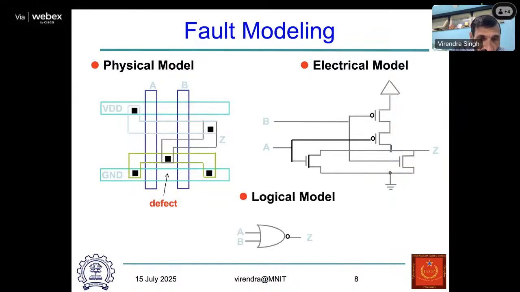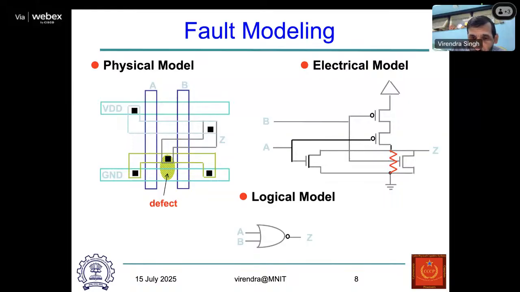For example, yesterday we have seen that there is a defect in the layout over here, which can bring in some additional resistance between the source and ground.